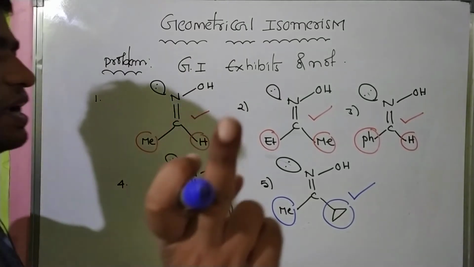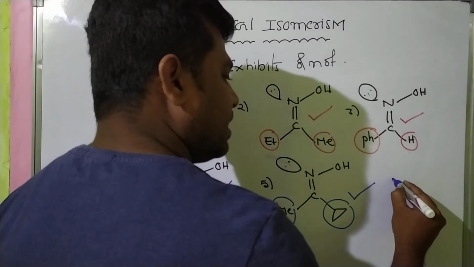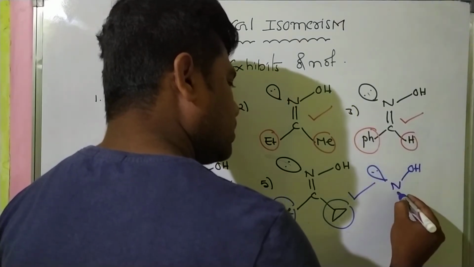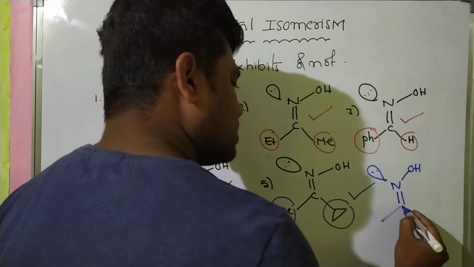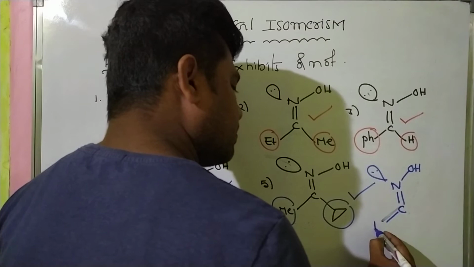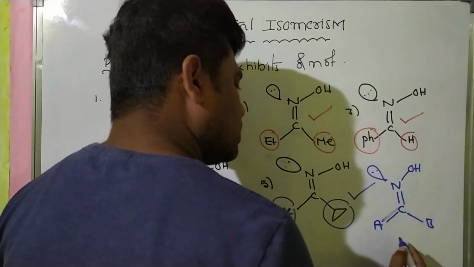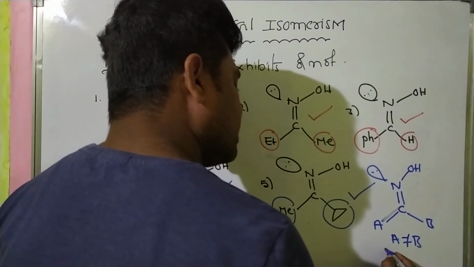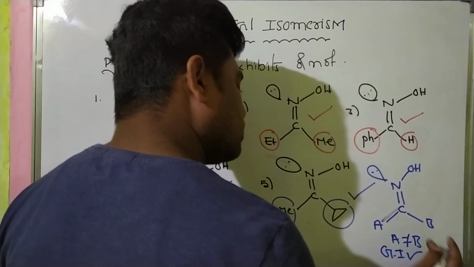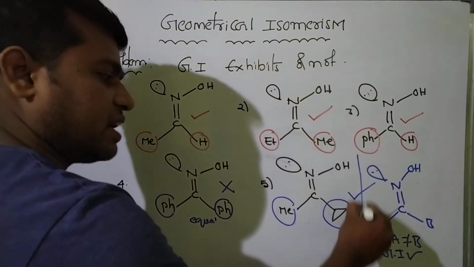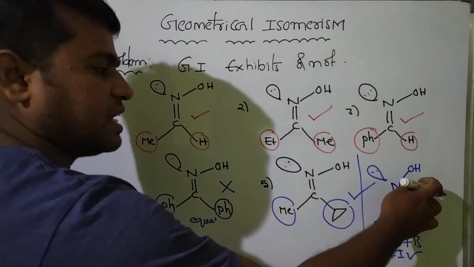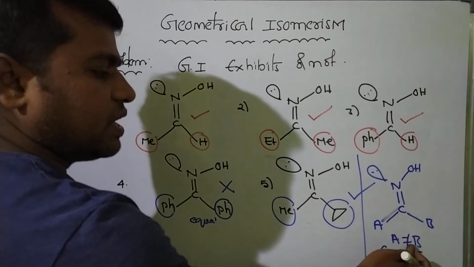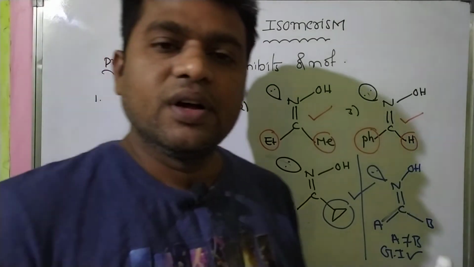Okay, students. The main requirement for any oxime is this: here is the carbon atom, with some group A and group B. The main requirement is that A must not be equal to B. Then only it will show geometrical isomerism. The main requirement for exhibition of geometrical isomerism by any oxime is that these two groups must be different. Okay, students, I think you understood.